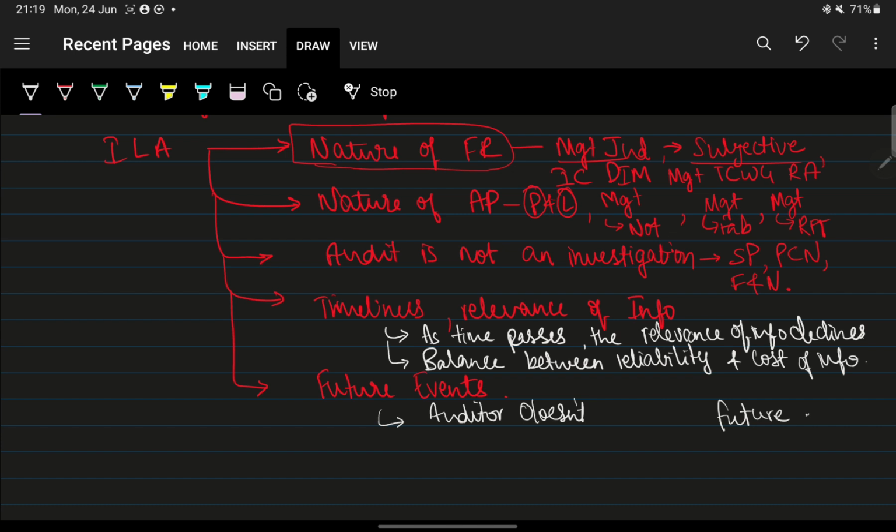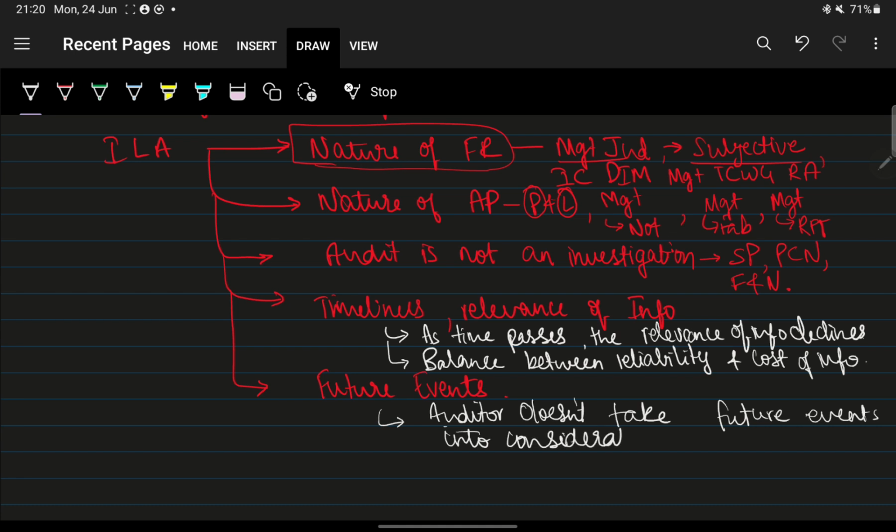Auditor does not take future events into consideration.